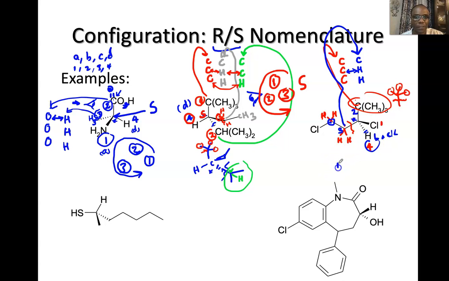So if I'm to write my numbers, I'll have 1, 2, 3. So we are going 1, 2, 3, and that's counterclockwise. That's an S. So again, this carbon in the middle is an S.